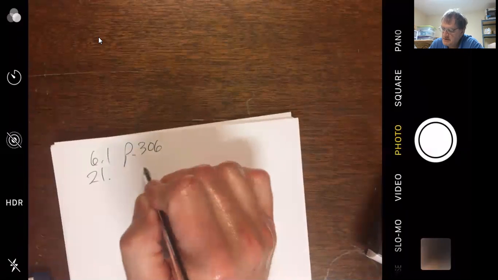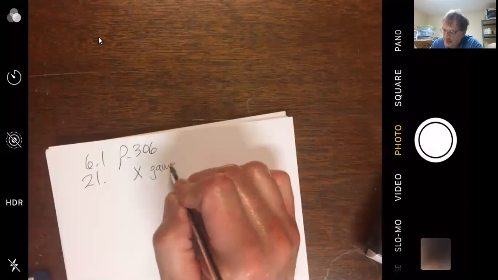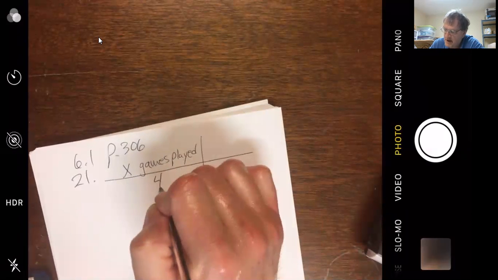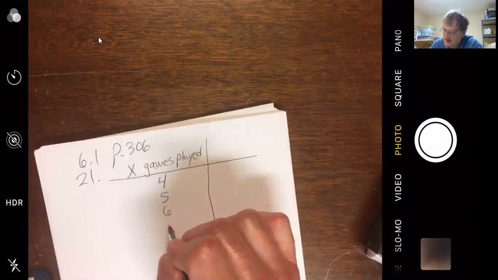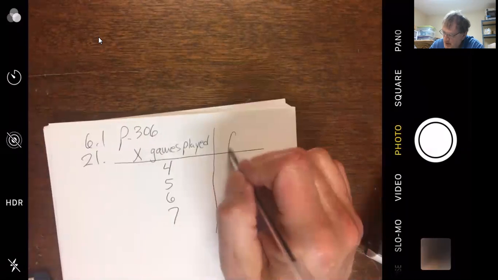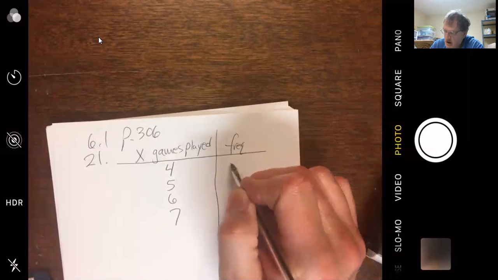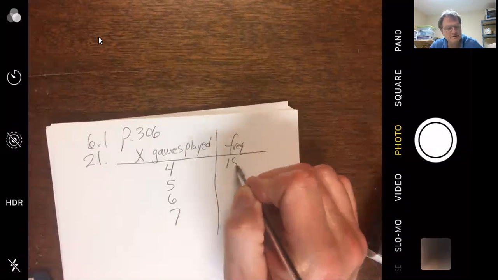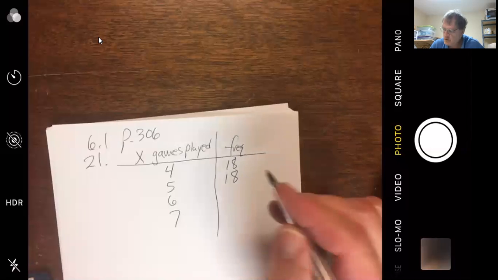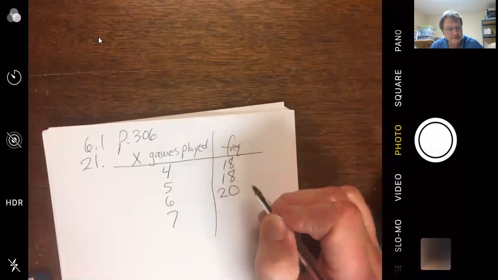X is the games played. I don't know if you all follow enough baseball to know, but it's gone 4 games, 5 games, 6 games, and 7 games. So 4 is the minimum number of games. This is the frequency. It's gone that way 18 times. 18 times, it's also gone 5 games. 20 times, it's gone 6 games.